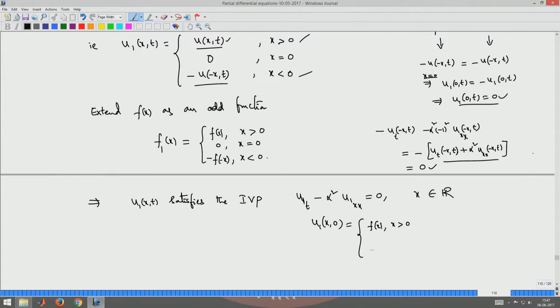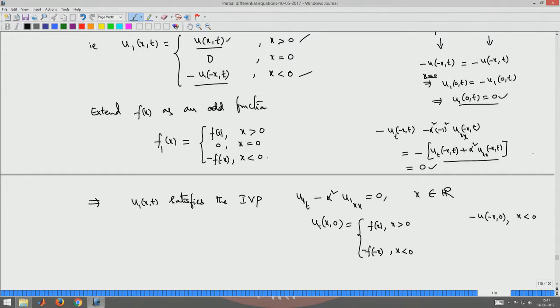And then what happens when x is negative? Then this becomes minus u of minus x,0. When x is negative, minus x is positive, so this is nothing but minus f of minus x, because we already know that u of minus x,0 is f of minus x. So, this is what you have.